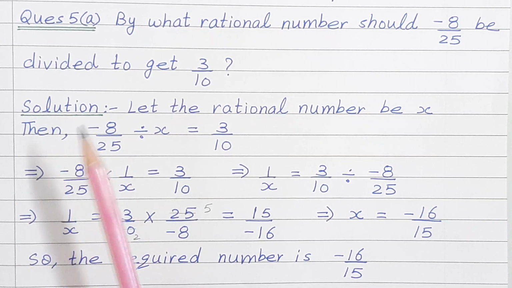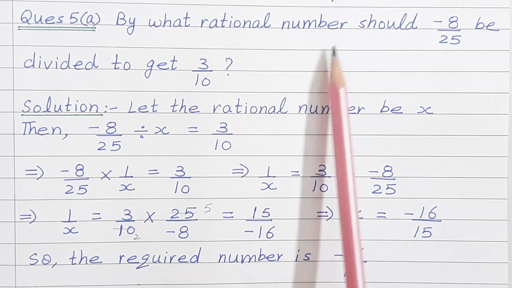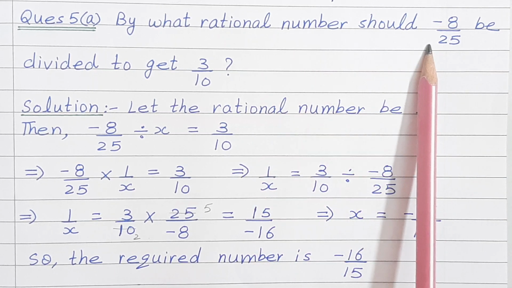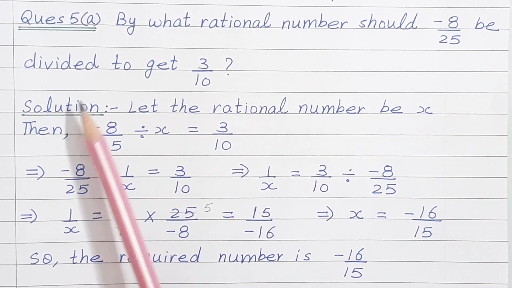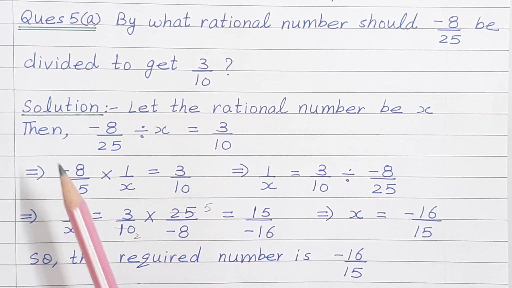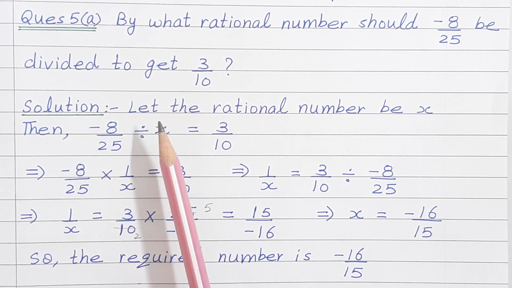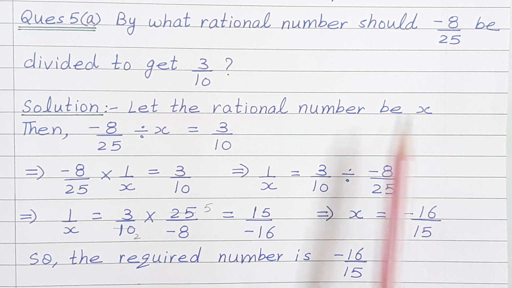Now the last question for today is, by what rational number should minus 8 upon 25 be divided to get 3 upon 10? So the solution is, let the rational number be x.